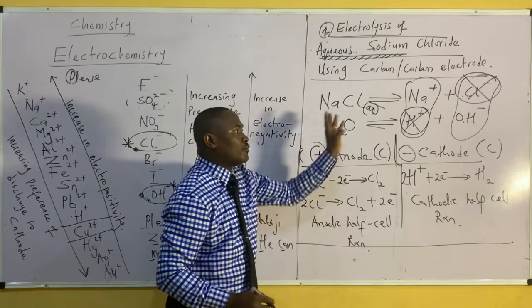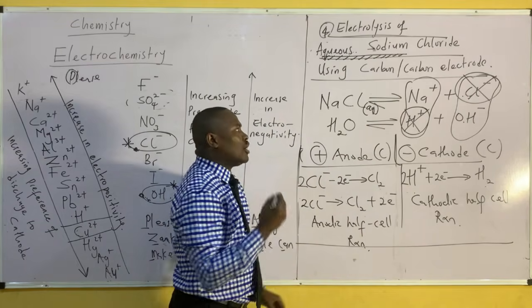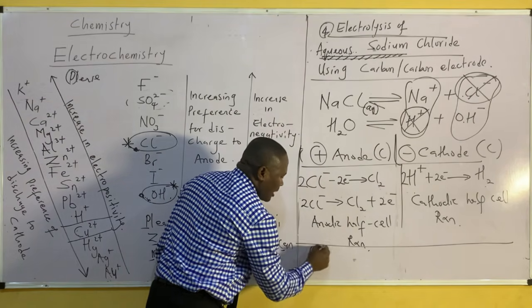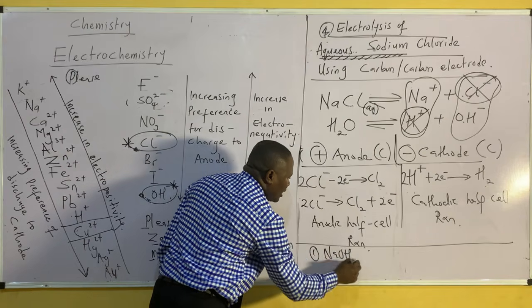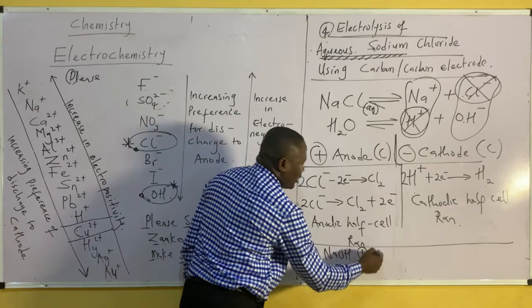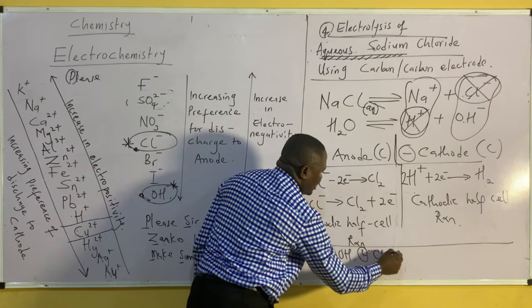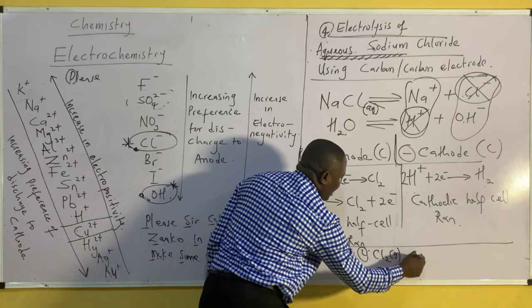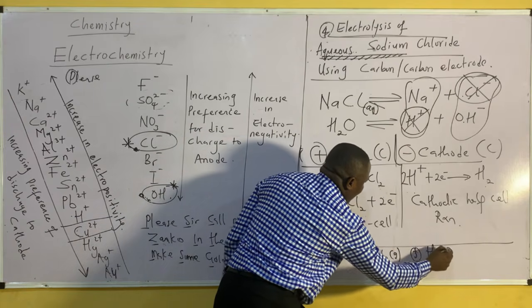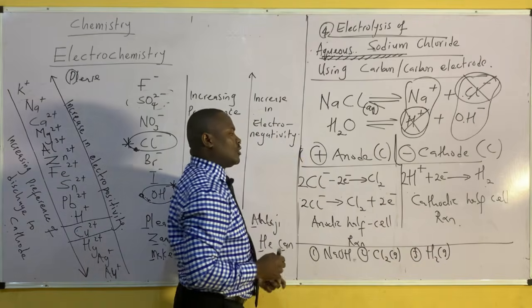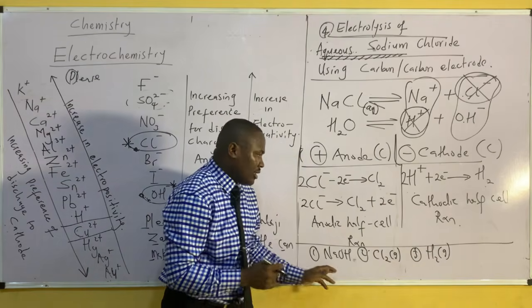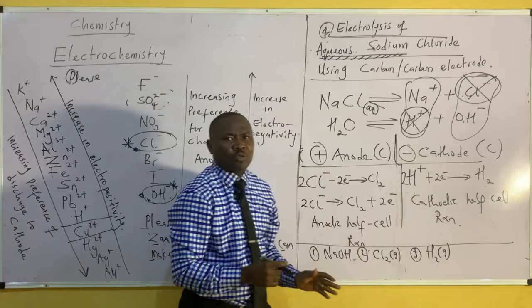What are the products formed during electrolysis of brine? The products formed are 1, sodium hydroxide, number 2, chlorine gas, number 3, hydrogen gas. These are the 3 products formed during electrolysis of brine.